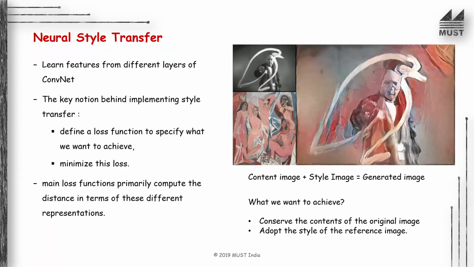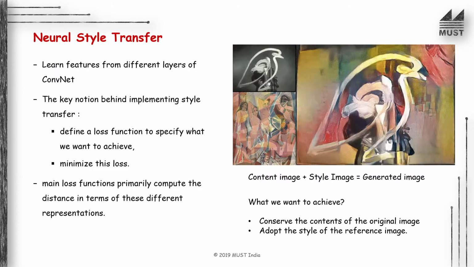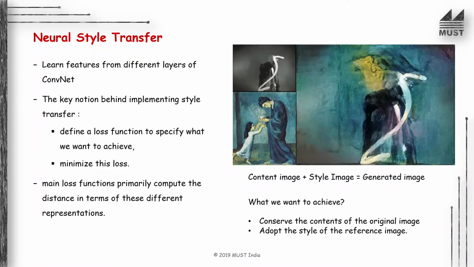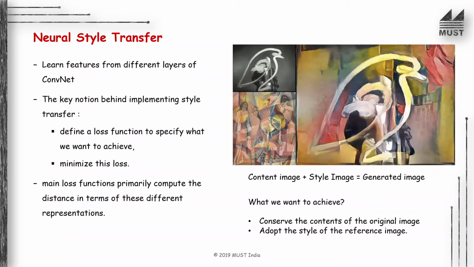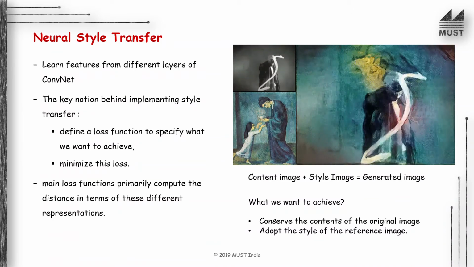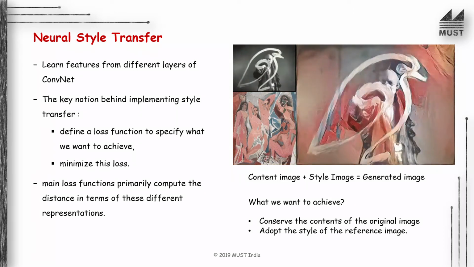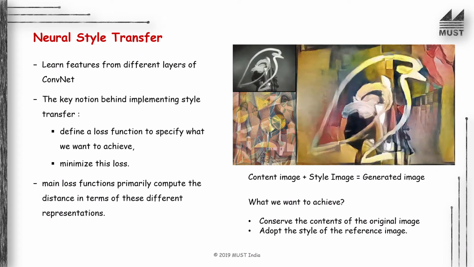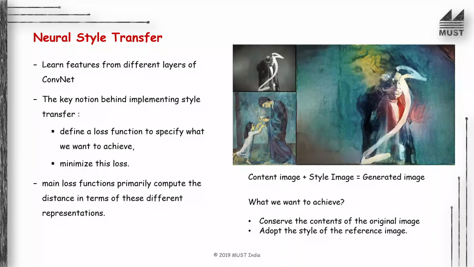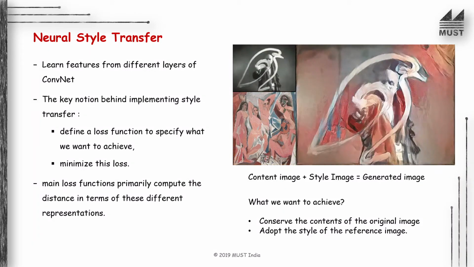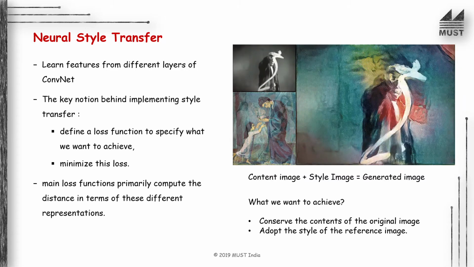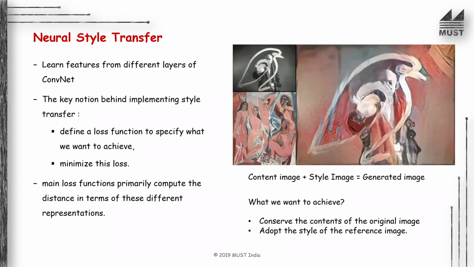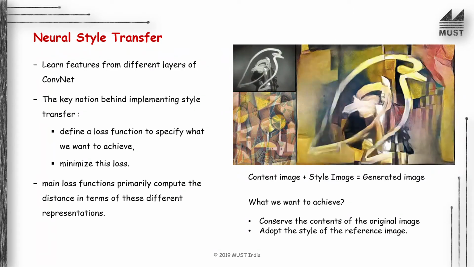It tries to learn the entire style parameters or the weights of those style images, and it tries to apply them over to your content image. Basically you define a loss function to specify what we want to achieve, and similarly you try to minimize the loss. The main loss function calculates the distance, or the difference in terms of representation, between your style and content image.